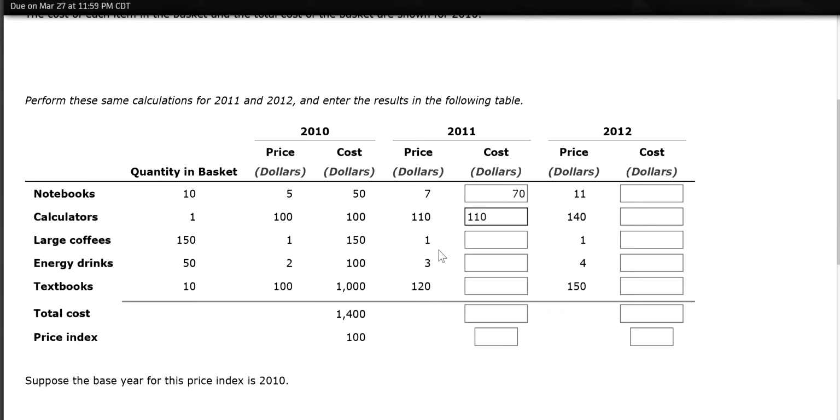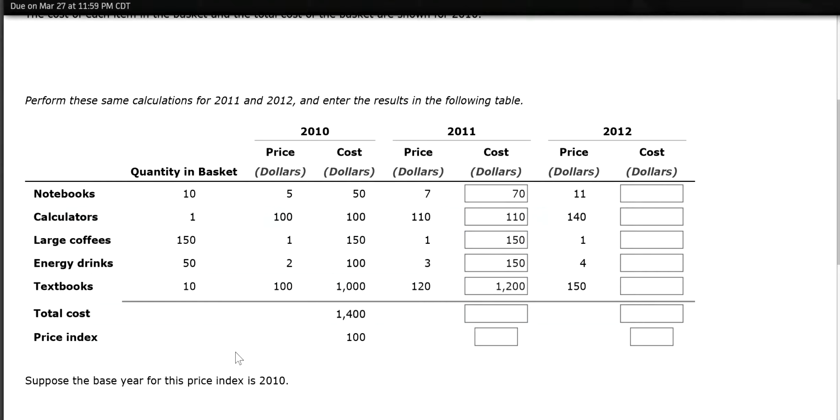And then next, the price is 1, quantity is 150, so 1 times 150 is 150. And the next price is 3, quantity is 50, so 3 times 50, 150 again. Textbook is 120 times 10, that's going to be 1200.